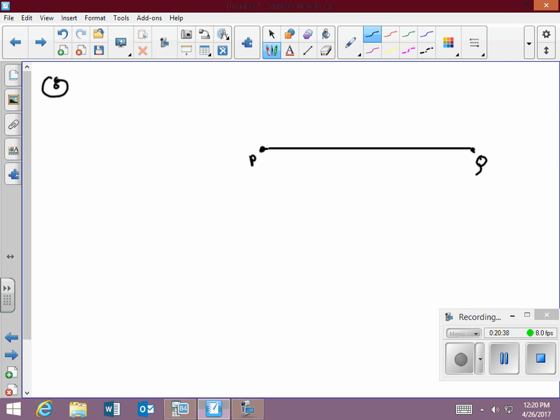So you would take your compass, make it longer than half the length of that, strike an arc up here, strike an arc down there, and then go to the other side with the same length, strike an arc here, strike an arc here, and then connect those lines. Two equal pieces.